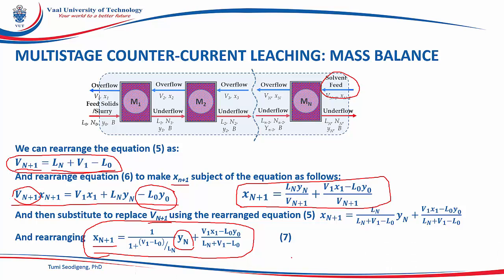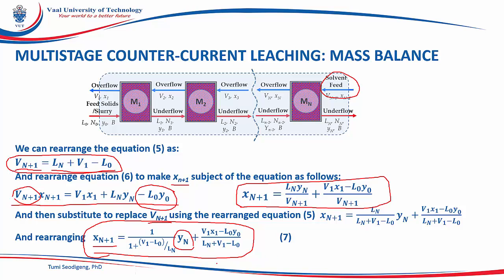This equation here, equation 7, is the equation of a multi-stage countercurrent circuit operating line. When this equation is plotted on the xy plane, it passes through the mass balance points or nodes of the circuits, which are the terminal points that make point x1, y0, and then point xn plus 1 and yn.